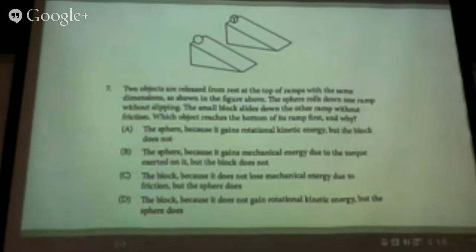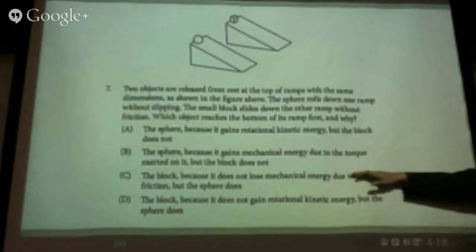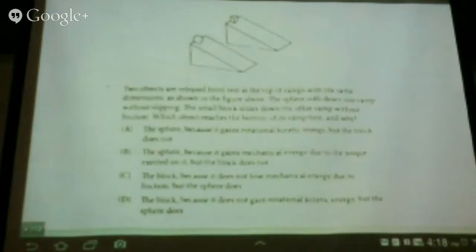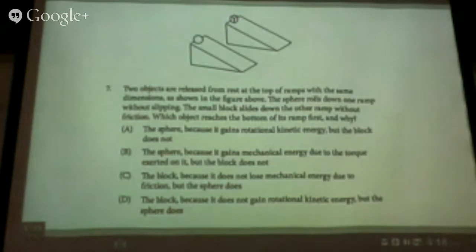Now we have to pick the justification. The block, because it does not lose mechanical energy due to friction, but the sphere does. Or the block, because it does not gain rotational kinetic energy, but the sphere does. Well, we assumed that they both kept all their energy here.